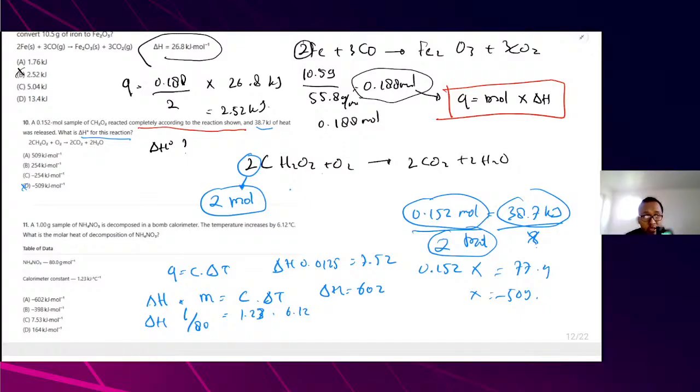Because the temperature increases, the reaction is exothermic. So delta H will be negative. The temperature increases, so it will be exothermic, and then delta H will be negative.